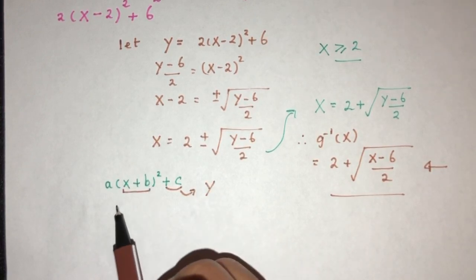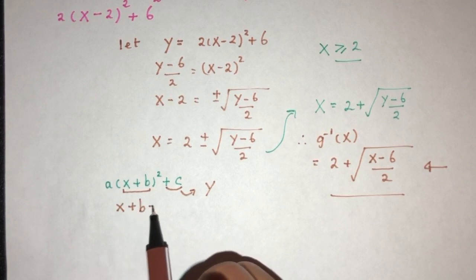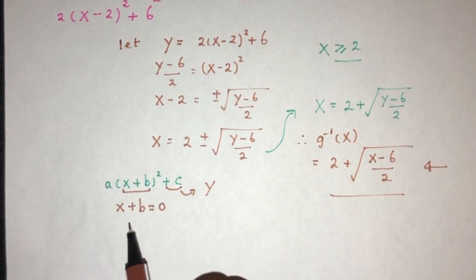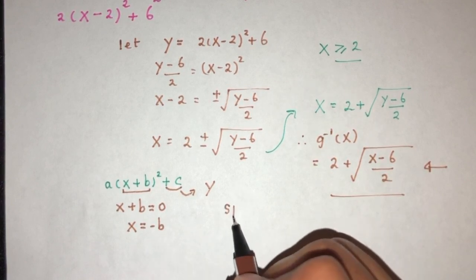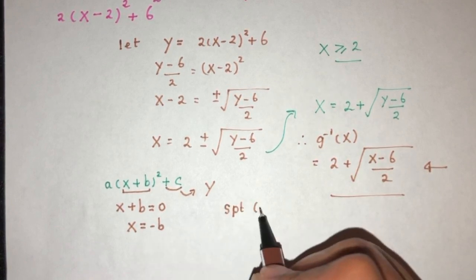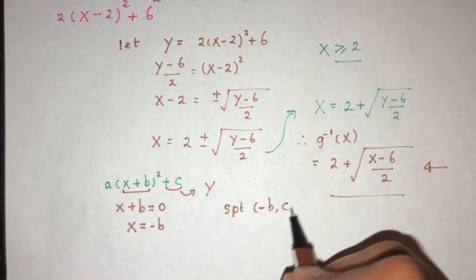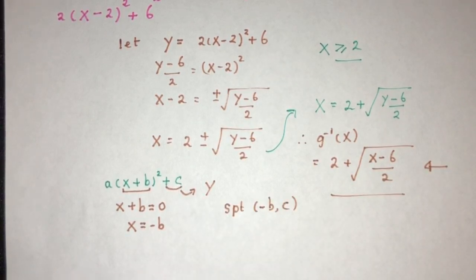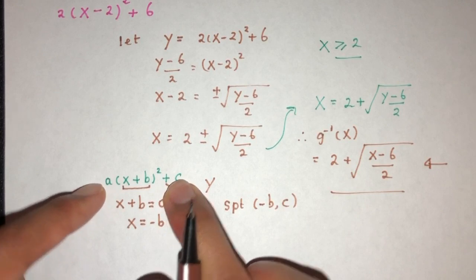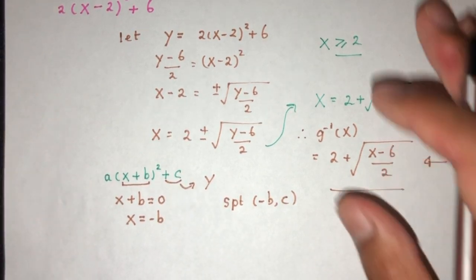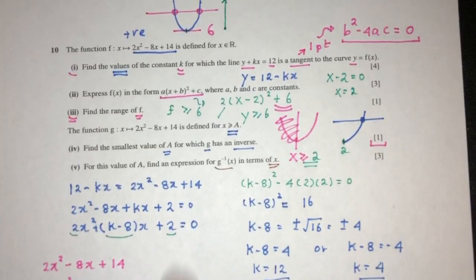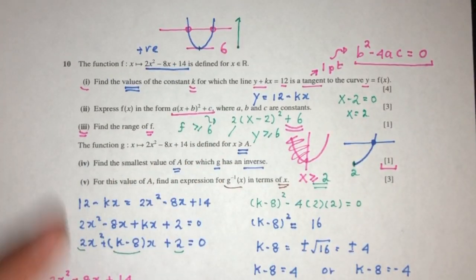And the value inside, we just equate to 0 to find the x value. So in this case, the stationary point has x value minus b, and y value c. For example, this will be that. So I hope you can use that now to find the stationary point of a curve, and then use the understanding of that to find the following answers in this question.